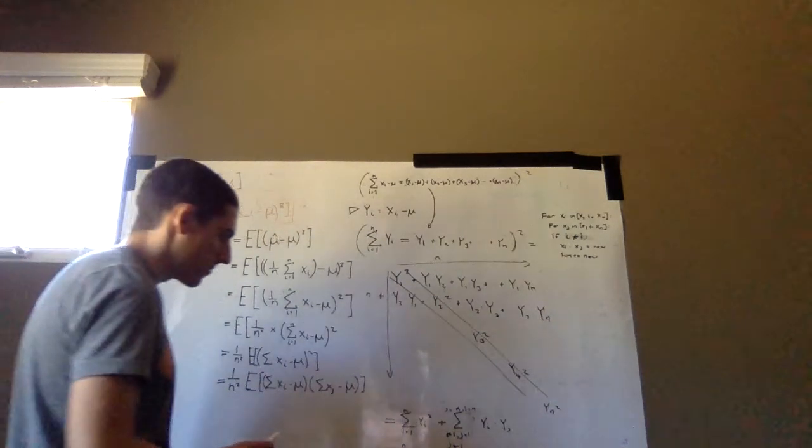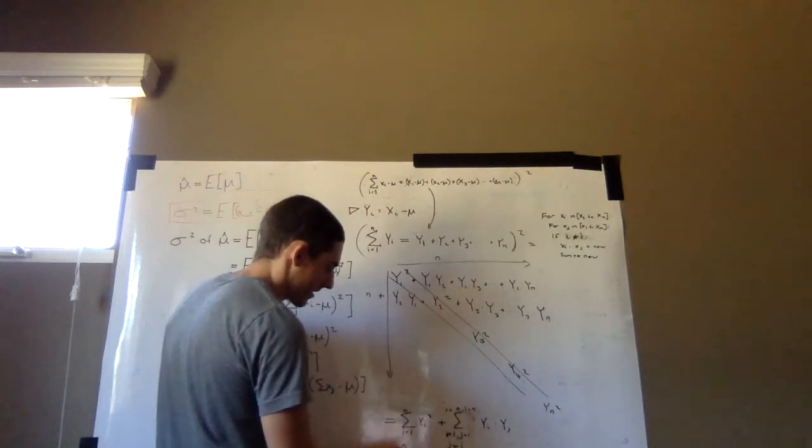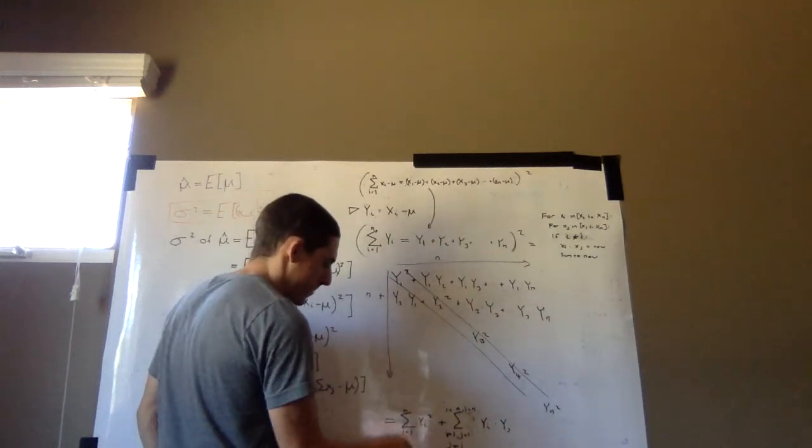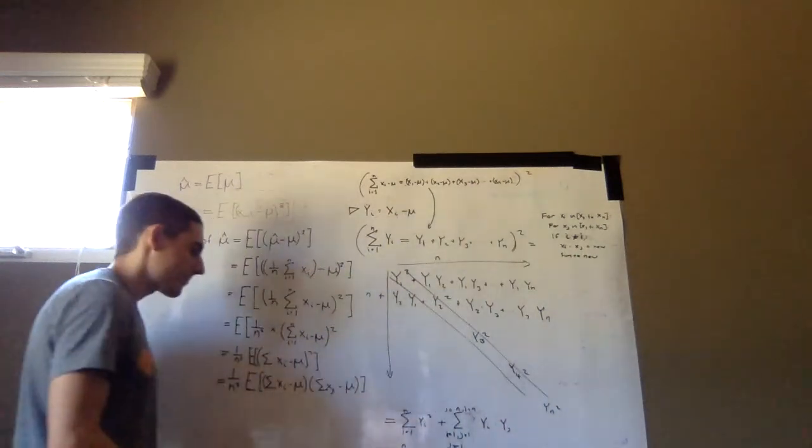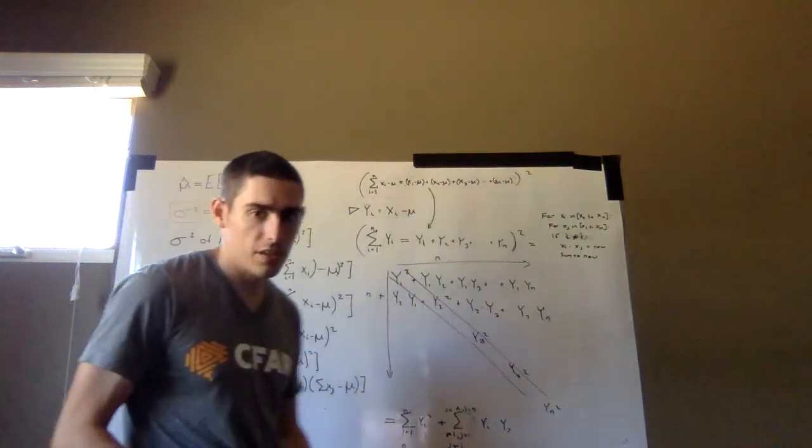One thing that's important is because this is a sum, we're actually distributing the expected value to each element in the sum. And that's how we end up with this.